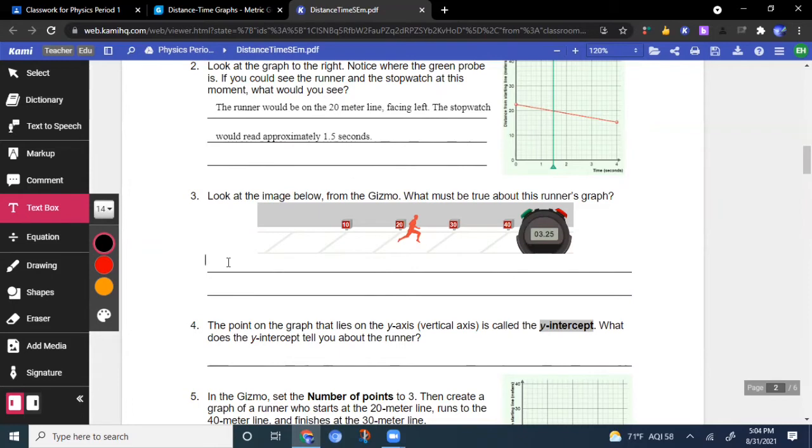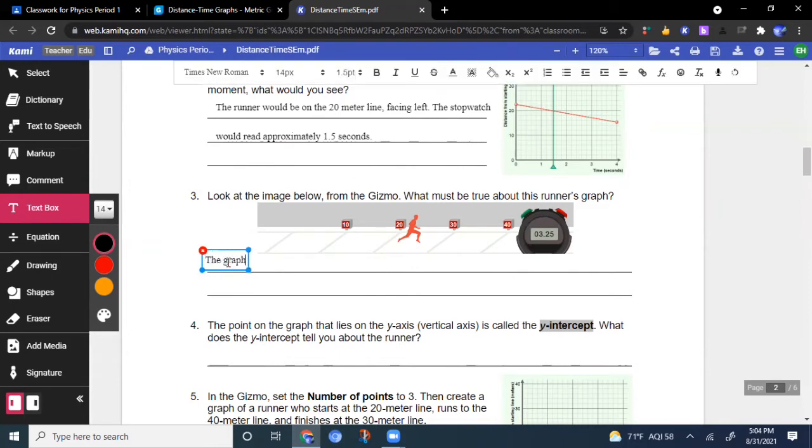So the graph must include the coordinate point 3.25, which is the time, and 25 meters.